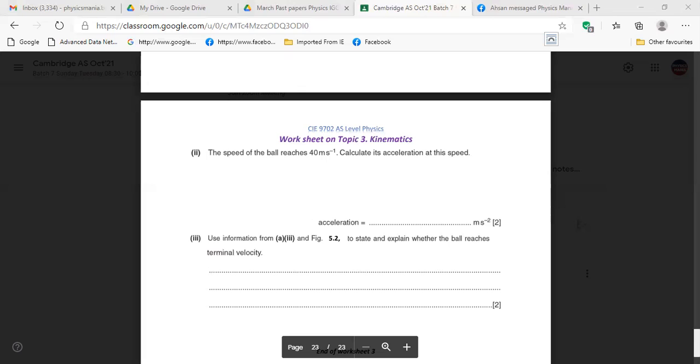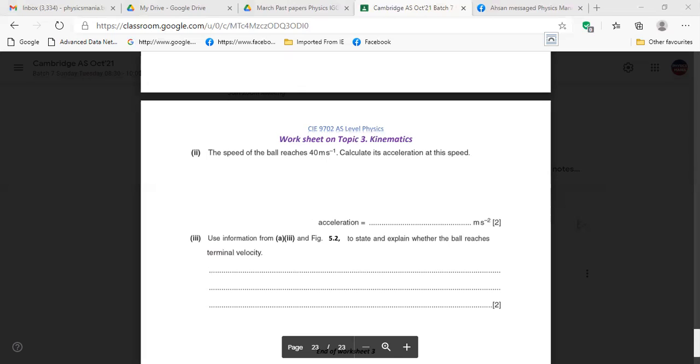Then next, final part, use information from A3 on figure 5.2 to state and explain whether the ball reaches terminal velocity.